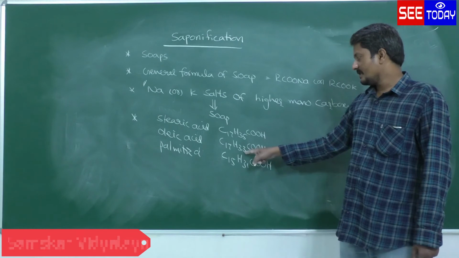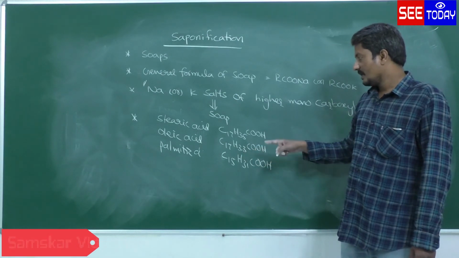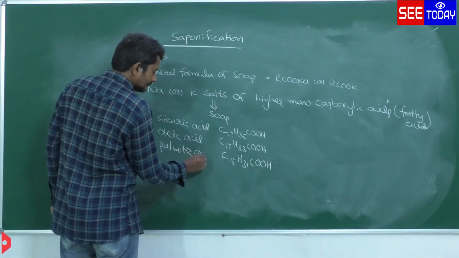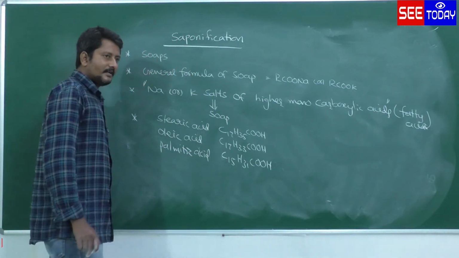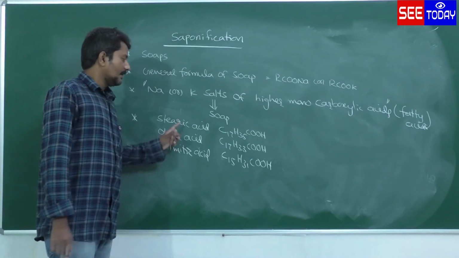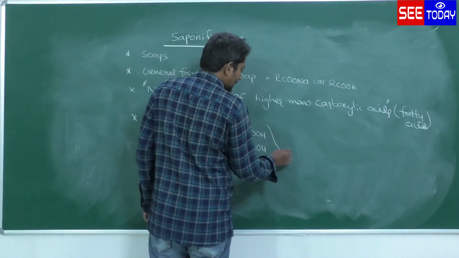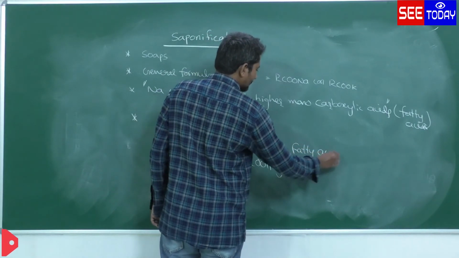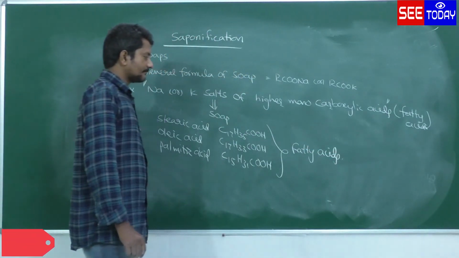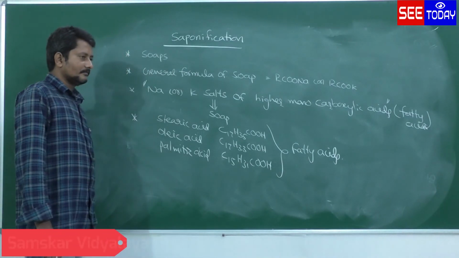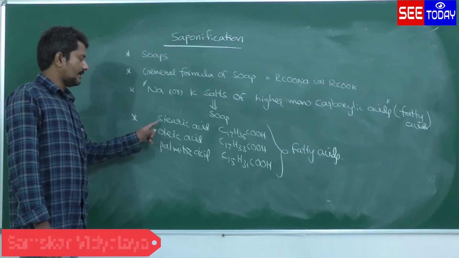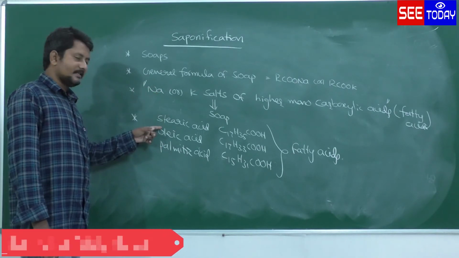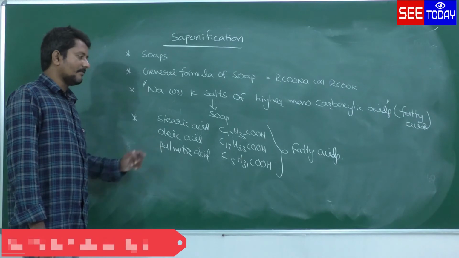Oleic acid, C17H33COOH. Palmitic acid, C15H31COOH. These are the common fatty acids: stearic, oleic, palmitic. Instead of the R group, we can take stearic acid, oleic acid or palmitic acid.